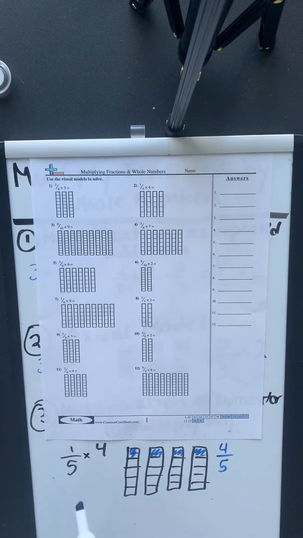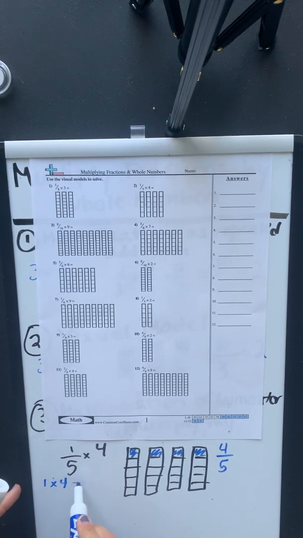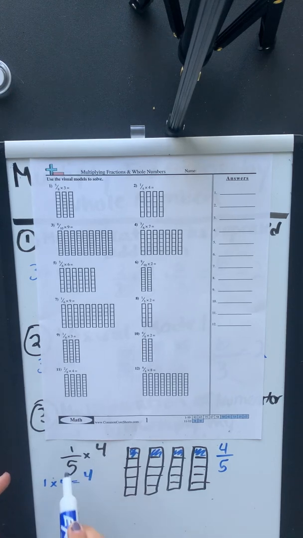The other strategy I'm going to choose to use is multiplying my numerator, so I know that 1 times 4 equals 4, and I know I put it over my denominator. All right.